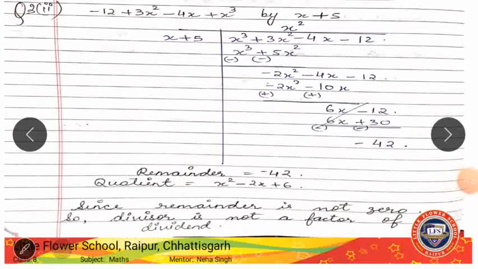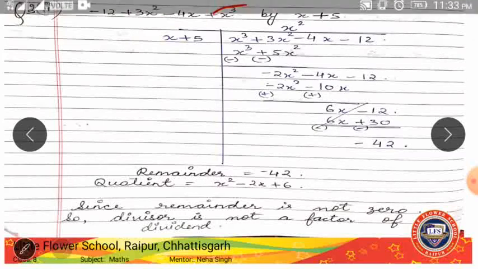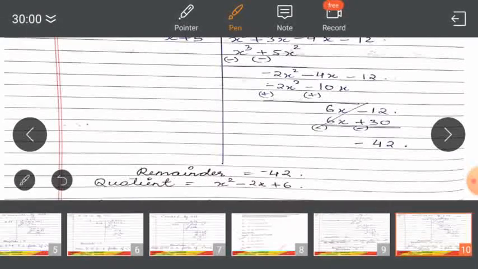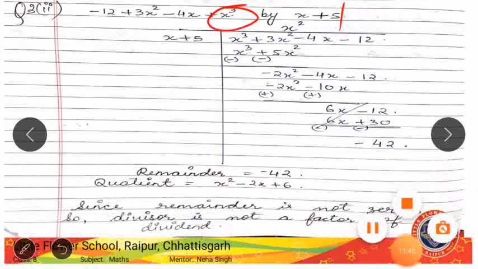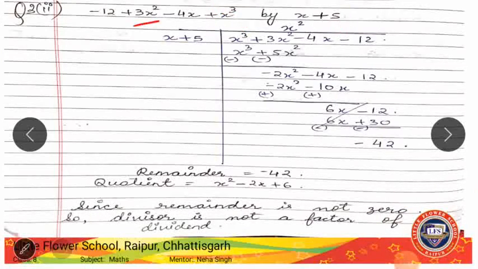First we'll arrange the powers in decreasing order, right? So the first power will be x cube, then this square term will come, then x, then minus 12. x cube plus 3x square minus 4x minus 12.